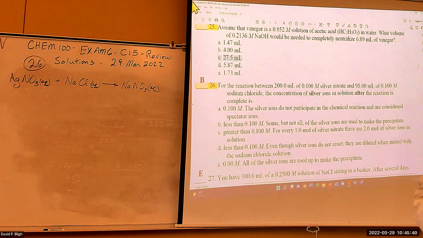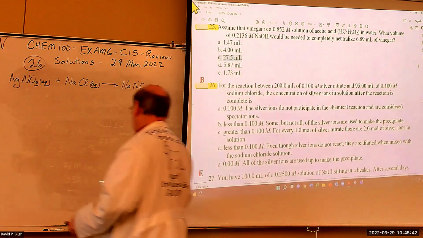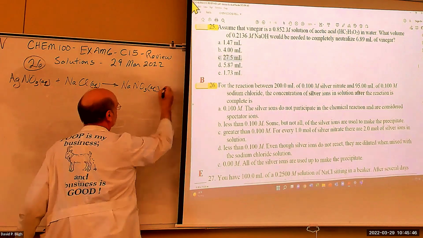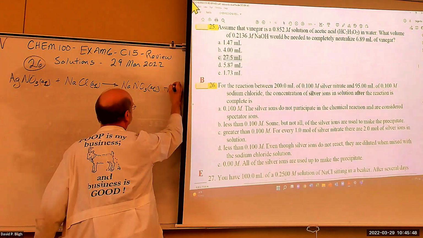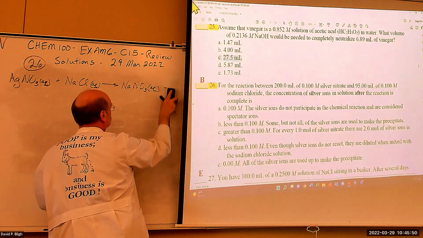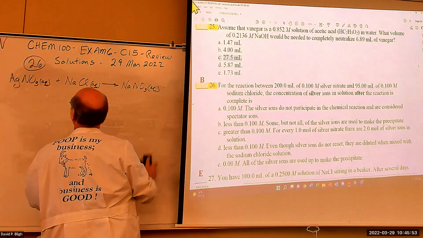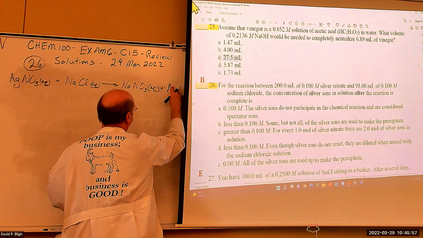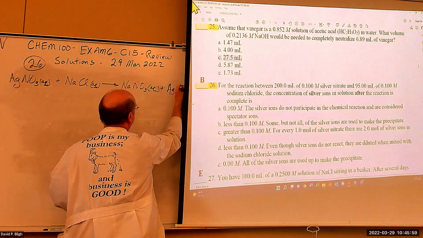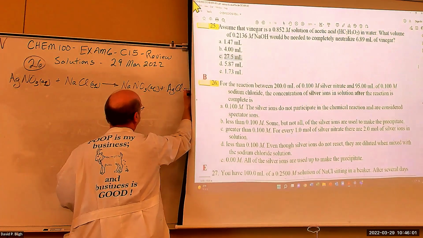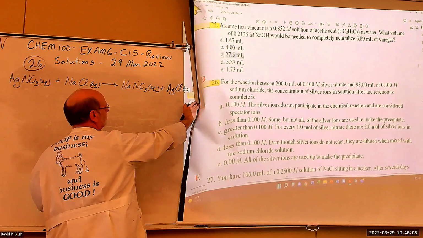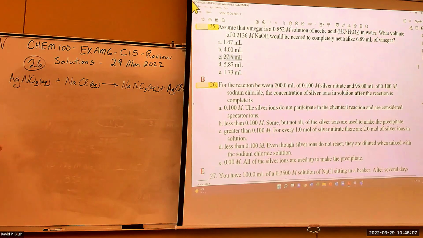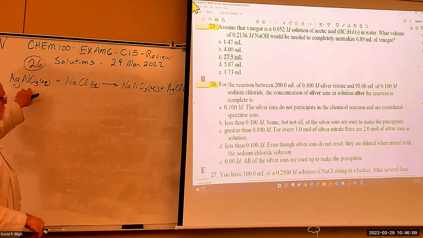The chart tells you that sodium nitrate is soluble, and silver chloride is a solid. So that's your reaction, and it's already balanced.